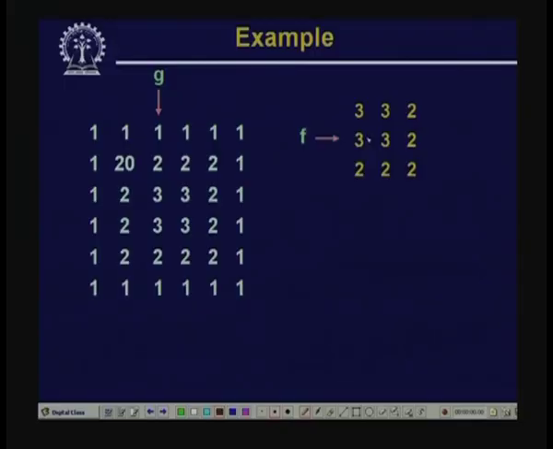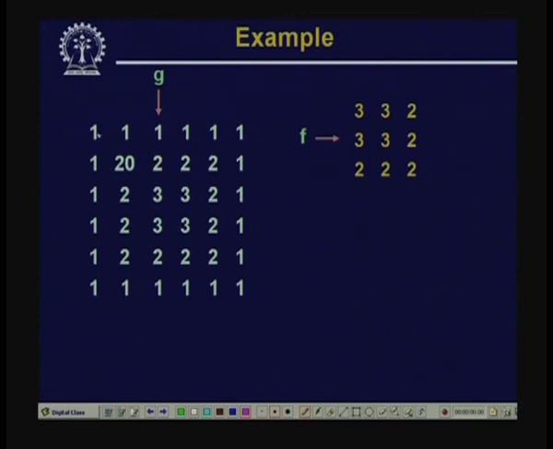So, initially let us put this template at the leftmost corner. Because our template is 3 3 2, 3 3 2, 2 2 2, let us place the center of the template at the location at which we want to find out the similarity measure.